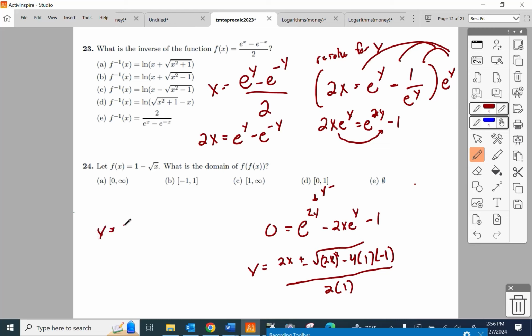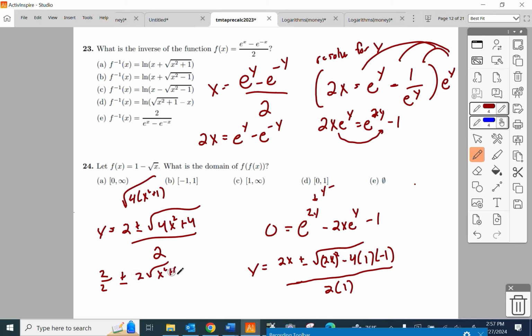So y is 2x plus or minus, inside that radical is 4x squared plus 4, both over 2. So I have a 2 over 2 plus or minus, pull this 4 out, x squared plus 1, it's in a radical, 2 root x squared plus 1 over 2. 2 over 2 is going to be your 1.